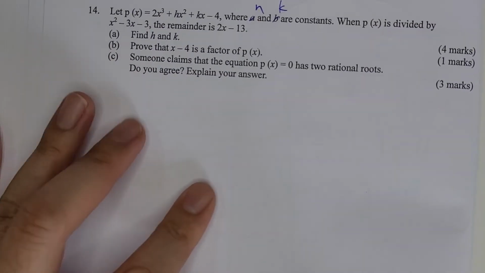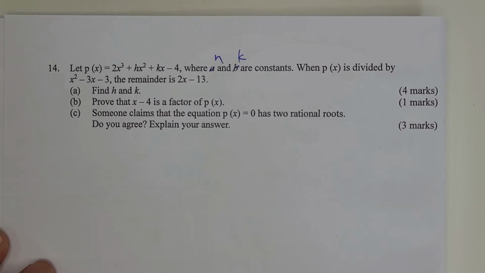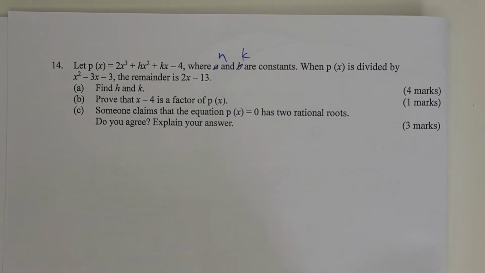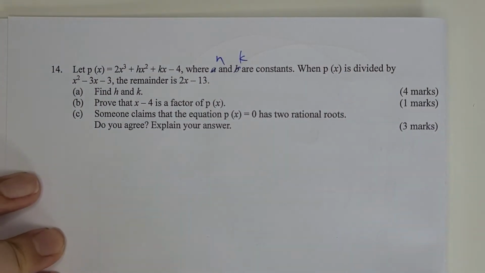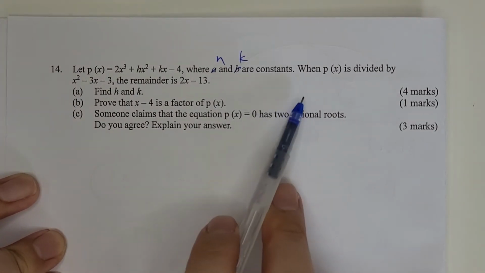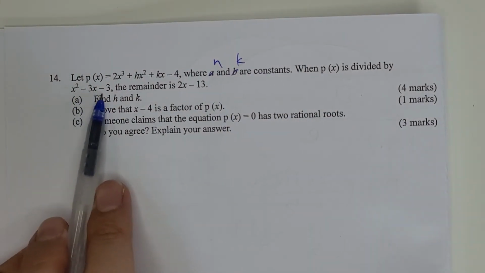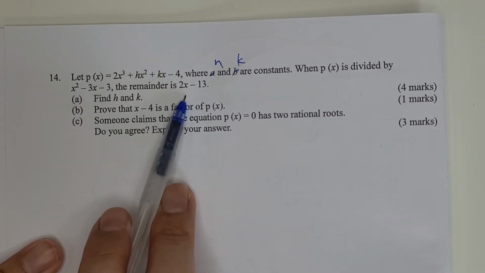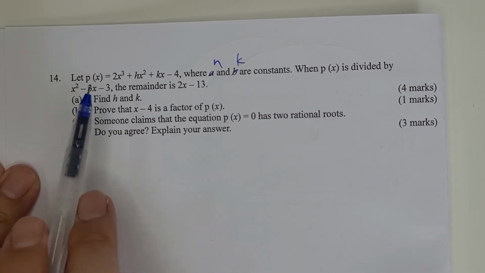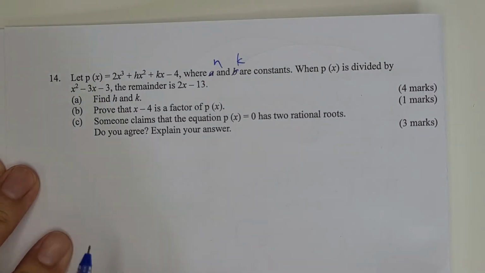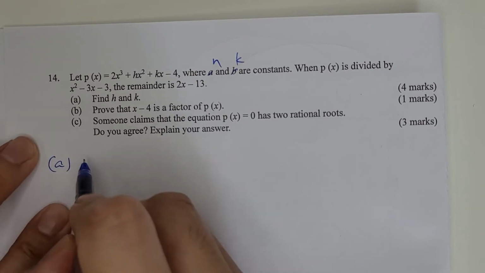So go to question number 15. Let P be the cubic polynomial 2x cubed plus hx squared plus kx minus 4, where h and k are constants. When P(x) is divided by this quadratic expression, the remainder is 2x minus 13. As you can see, this is a quadratic divisor, so we cannot use the remainder theorem, so we use the division algorithm.